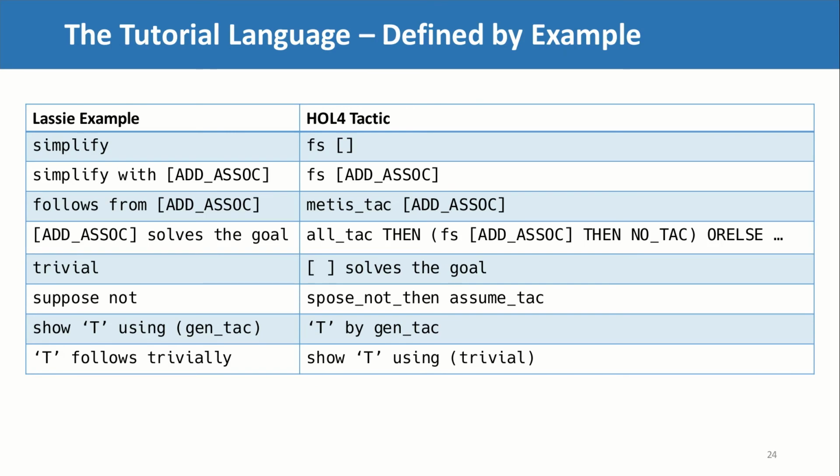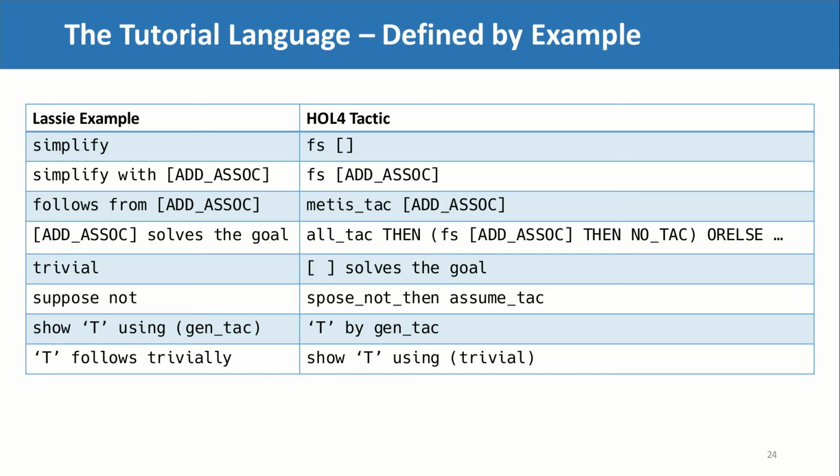So I'm showing you here in the table on the left-hand side some example definitions that we gave and their HOL4 tactic equivalent on the right-hand side of the table. The first few are just as before straightforward simple examples. And then as we've seen before, we define our automated decision procedure solves the goal.